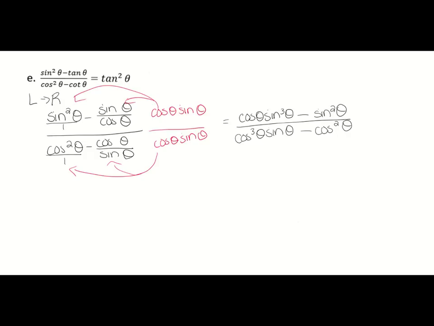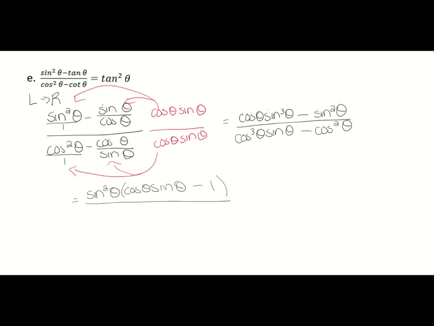Okay, so again, here you want to take a look at the top and the bottom. And what I see in the top and in the bottom is that the terms share common factors. So I'm going to factor out. So in the top, I'm going to factor out a sine squared theta. I'm going to be left with cosine theta, sine theta, minus 1.